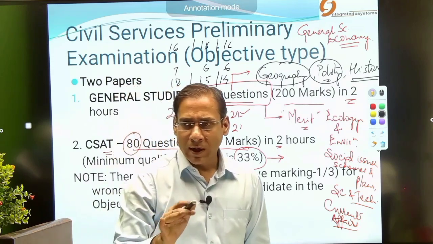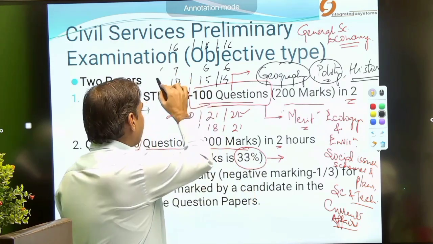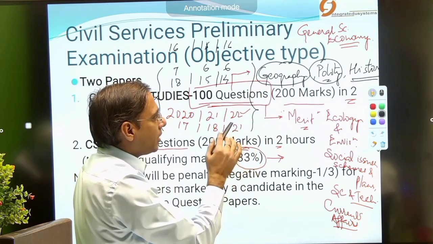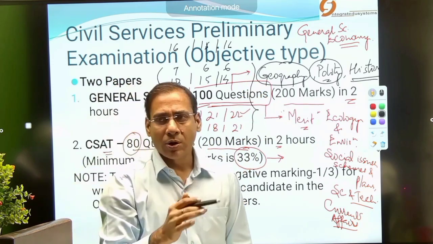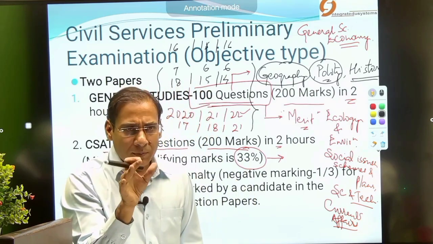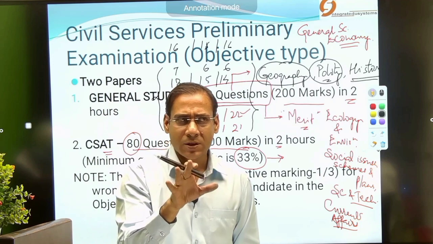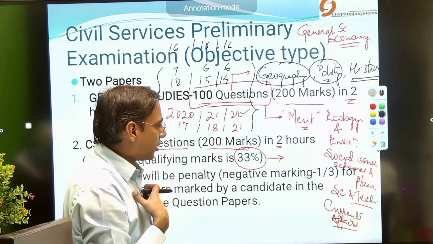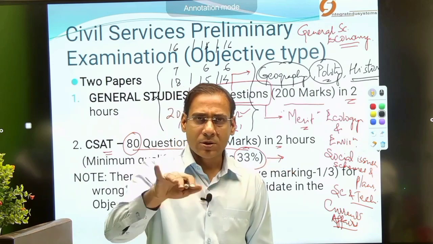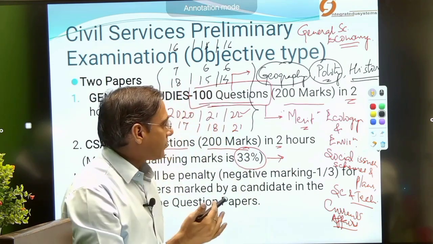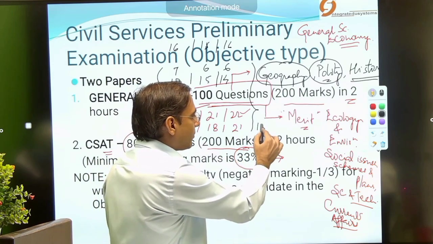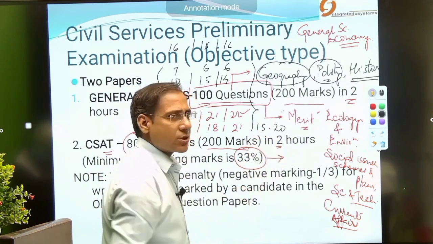So what I would like to suggest to you is that you must emphasize polity, geography, history and economy for this paper. This breakup is only to suggest where you have to emphasize, because on an average, according to my own observations of these examinations over the last 1.5 decades, from these major sections you always get on an average 15 to 20 questions.